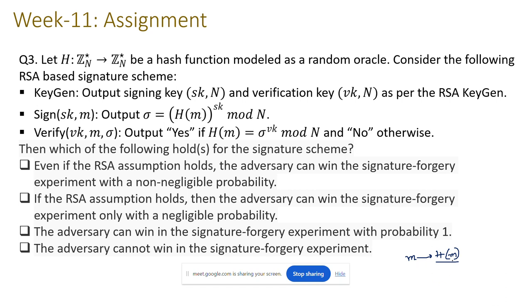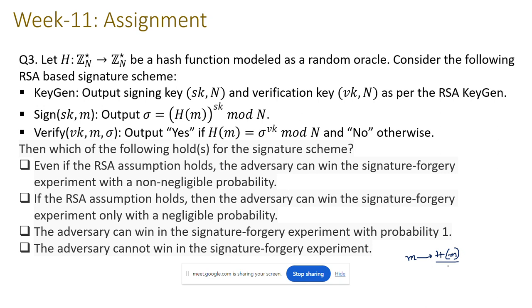It could be anything, a random element over the space Zn star. That is why, for generating a valid forgery, given some message sigma pairs for the seen messages, for an unseen message without access to the secret key, it is difficult to generate a valid signature actually.